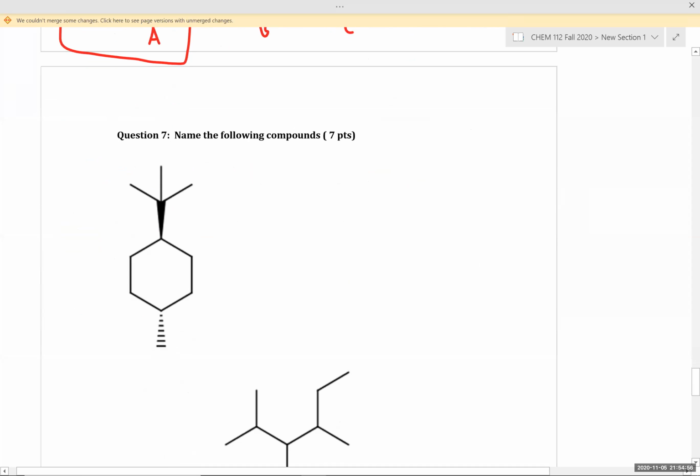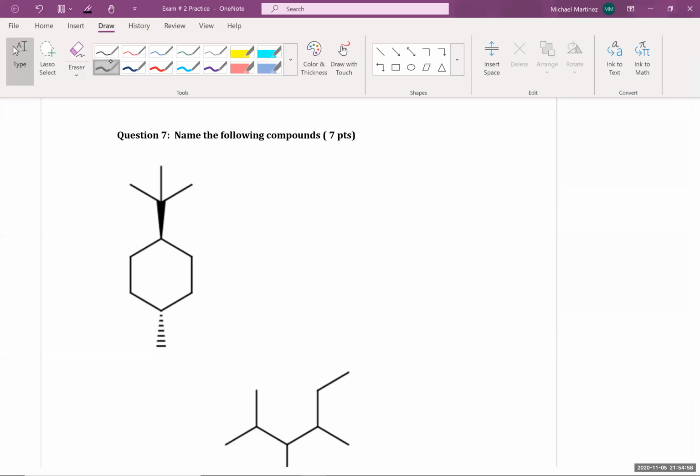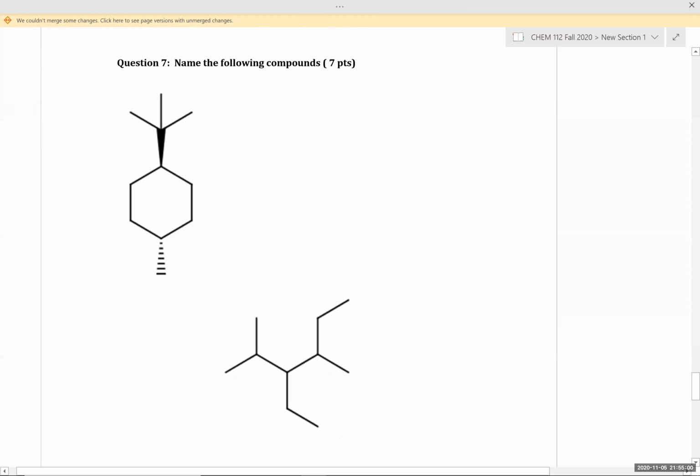Okay, let's focus on naming these compounds. Notice these compounds have stereocenters, so we're going to have to account for the stereochemistry. So I'm going to draw this compound, and this compound's a little funny. Does anyone notice why I'm somewhat laughing at this compound?